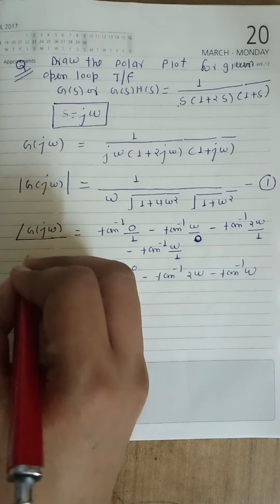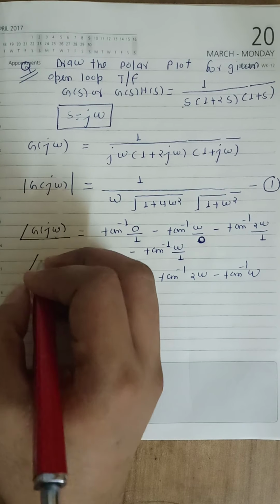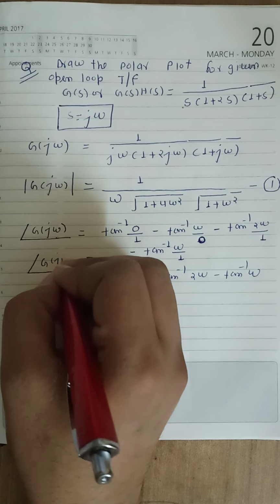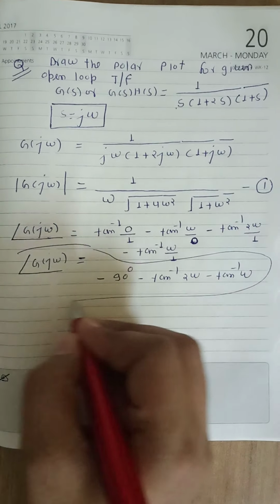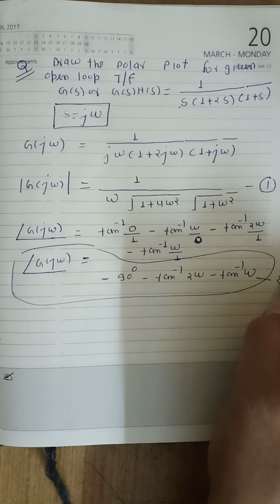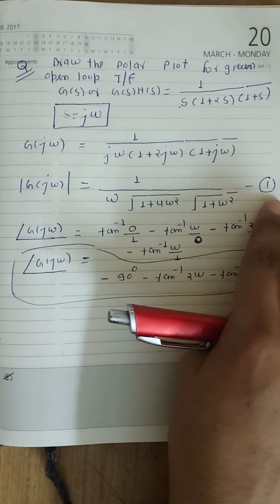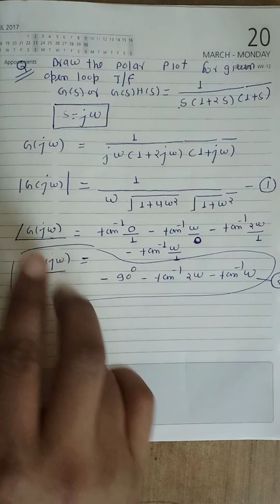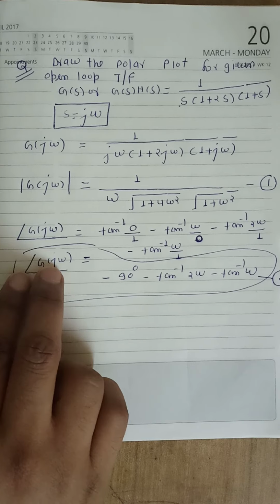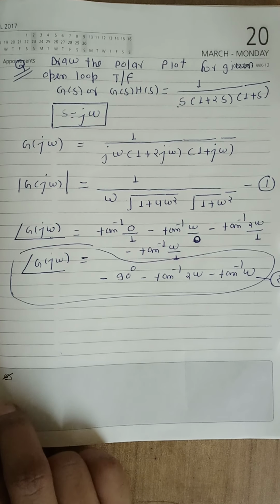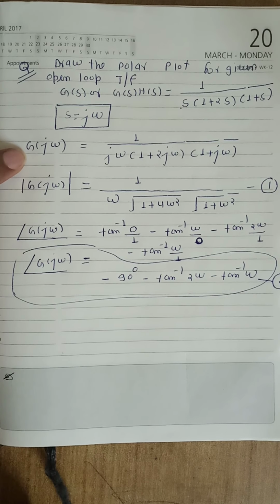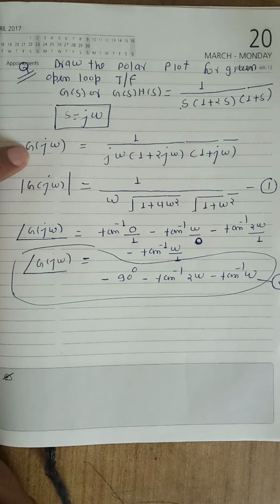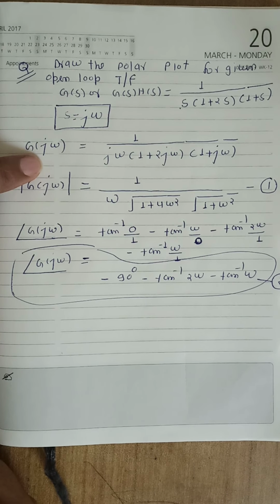So this is the equation for the phase angle. Suppose this is the second equation. So first we define magnitude of G(j omega), second we define phase of G(j omega). Here G(j omega) means transfer function in frequency domain, because G is a function of complex frequency, j omega.